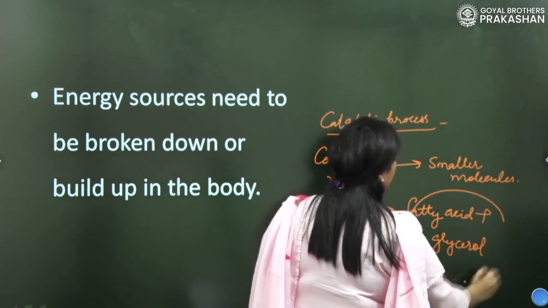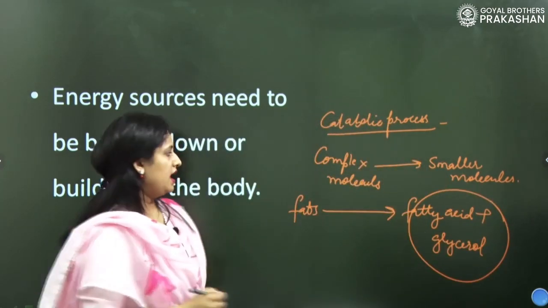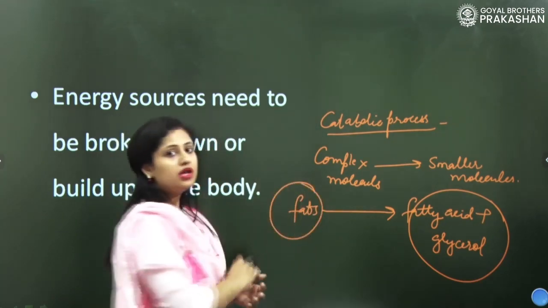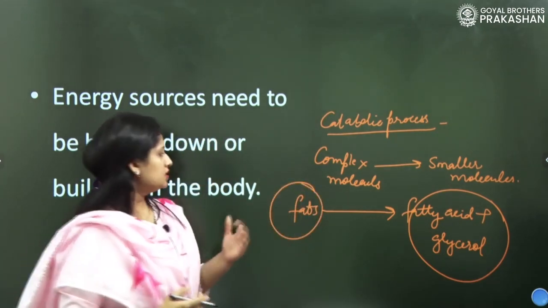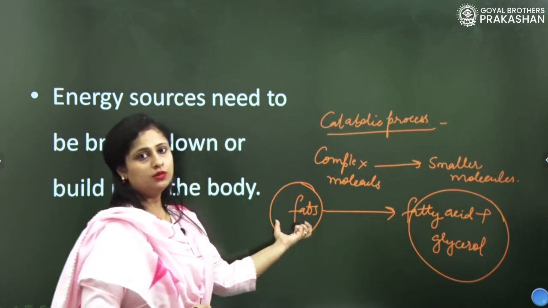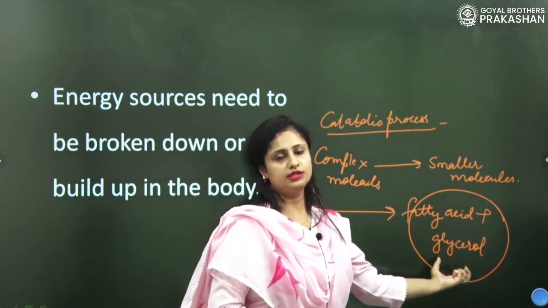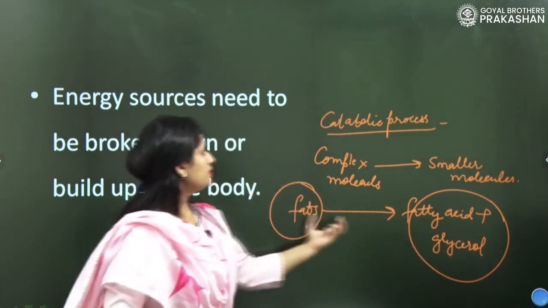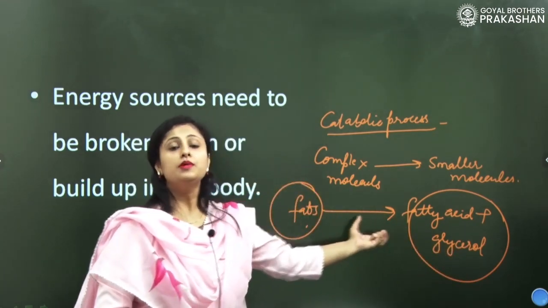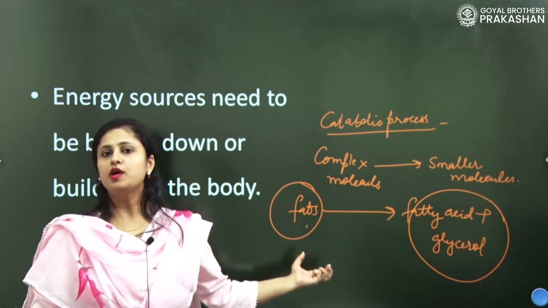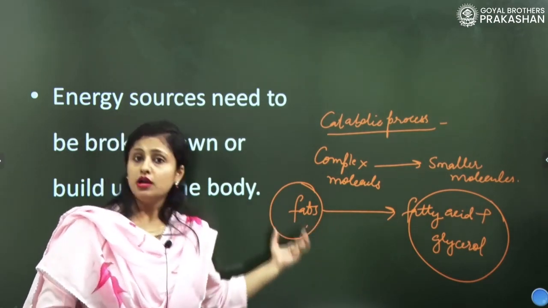These are the smaller molecules, and this is the complex molecule, that is fat. Here the complex molecules get converted into simpler molecules. This process is known as the catabolic process, or the type of metabolism, catabolism.